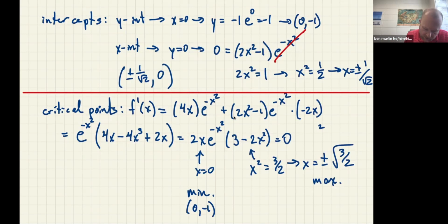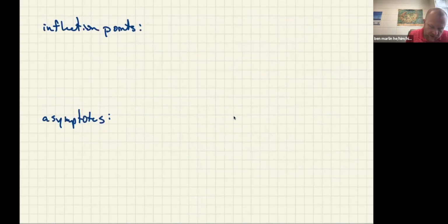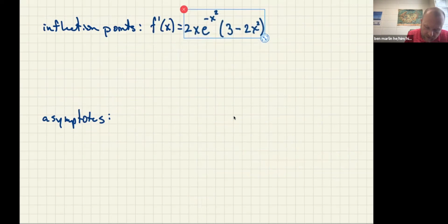And so I am going to go ahead and copy this function that we have here, and on the next page, write down that f prime of x was this thing here.